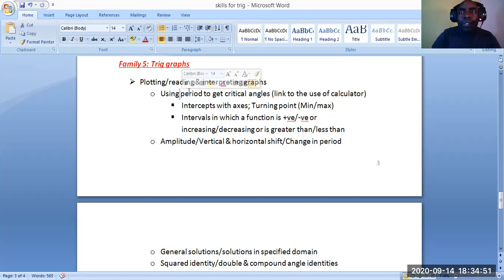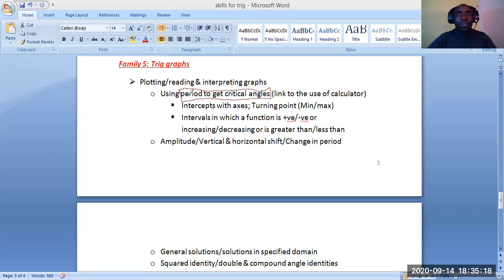The effect of period in determining the critical values or critical angles that would give us the y-intercept, x-intercept, and the turning points, meaning maximum and minimum, and that helps us in plotting the trig graphs.